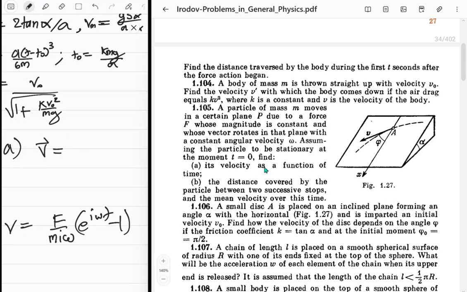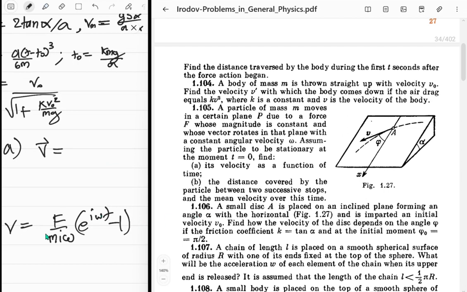Wait, so they didn't actually tell us what the xy coordinates are, huh? Oh no. This is bad. I mean, they gave us the force and everything, but they didn't tell us what.